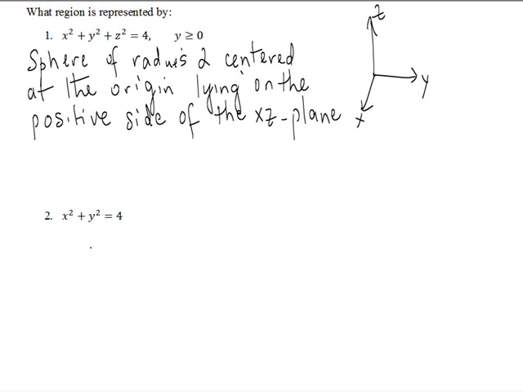It's a circle, center the origin, radius 2. Okay? So since there's no restriction on the z, what we are looking at is that type of circle in any horizontal plane, z equals any constant. So you have circles of that nature moving throughout the z-axis.